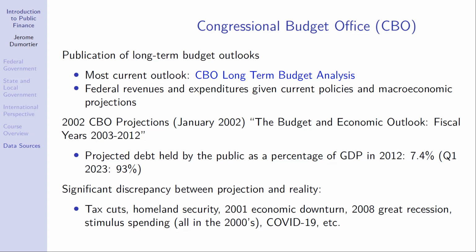Note that in 2023, or the first quarter in 2023, the debt was actually at 93%. The reason for this significant discrepancy between projection and reality is that we had tax cuts, we had spending on homeland security, we had the Great Recession, we had stimulus spending, and we also had COVID-19. So there are always factors or different macroeconomic environments that are influencing those projections.